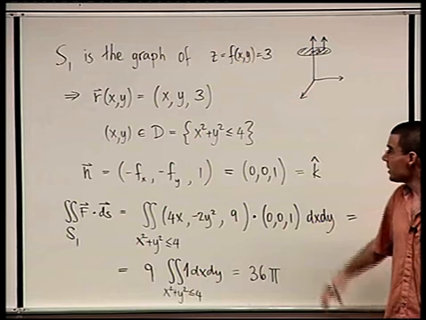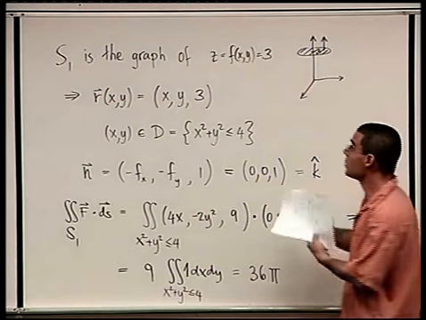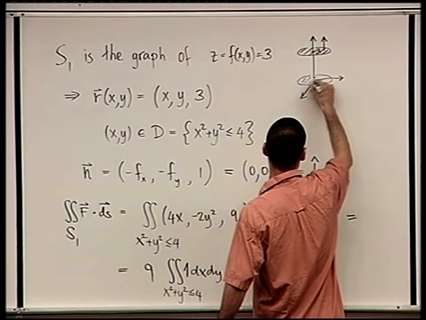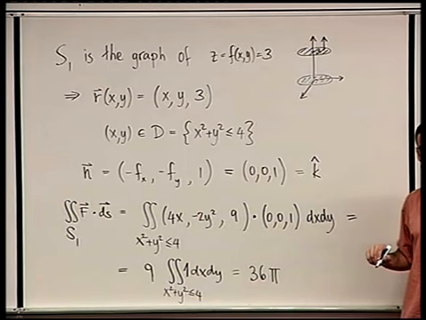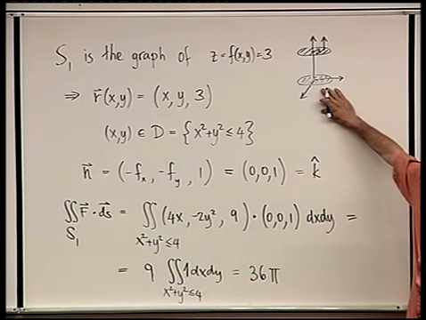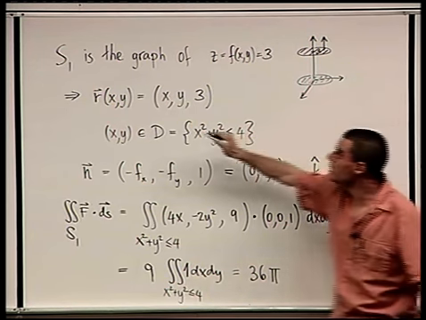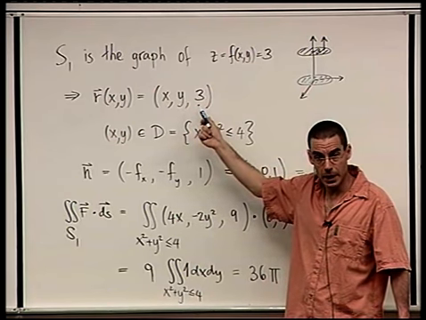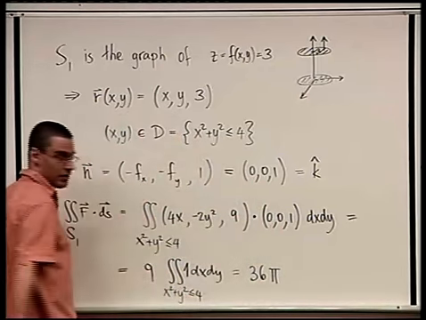What is the contribution of the bottom? Let's do S2, in blue. S2 lives down here. Do you agree that S2 is also part of a graph of a function? Which function? Just the zero function. So the parameterization is going to be x, y, 0. Everything is going to be exactly the same, except instead of this 9, we're going to have a 0.